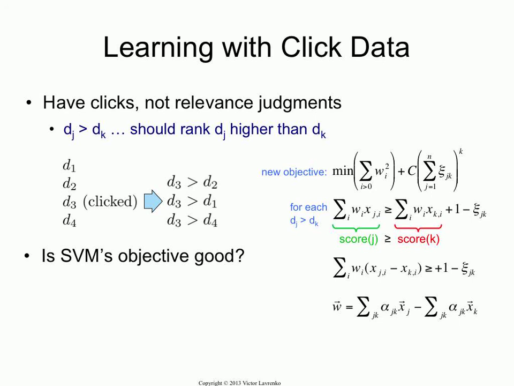It's all fine and dandy, and SVM is an optimal algorithm, and it optimizes something. What does it optimize? What does SVM try to minimize? Really, what does it want to do? It's a classification algorithm.